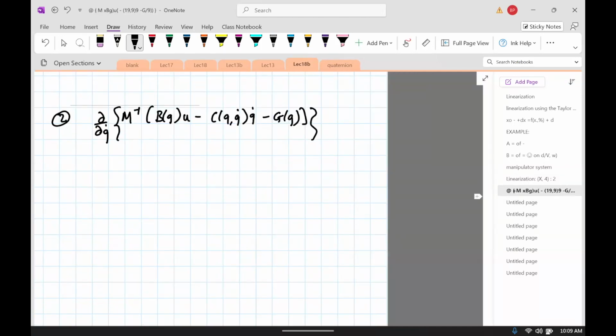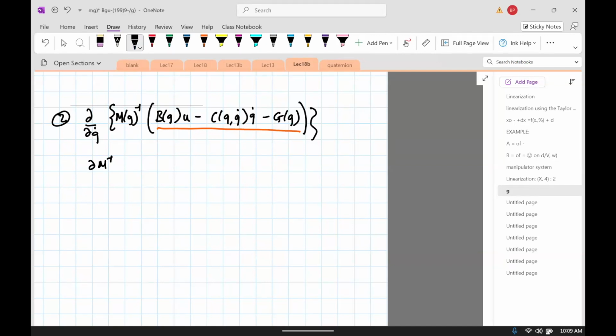Okay, now we have this expression. Let's take the derivative. Again, use the chain rule. We have two terms here. This is the first term. This is the second term. So first we take the derivative of m. By the way, m I should write as a function of q. M(q) inverse. Let's get some space here. So first d m(q) inverse dq dot, and then we just keep the rest as is.